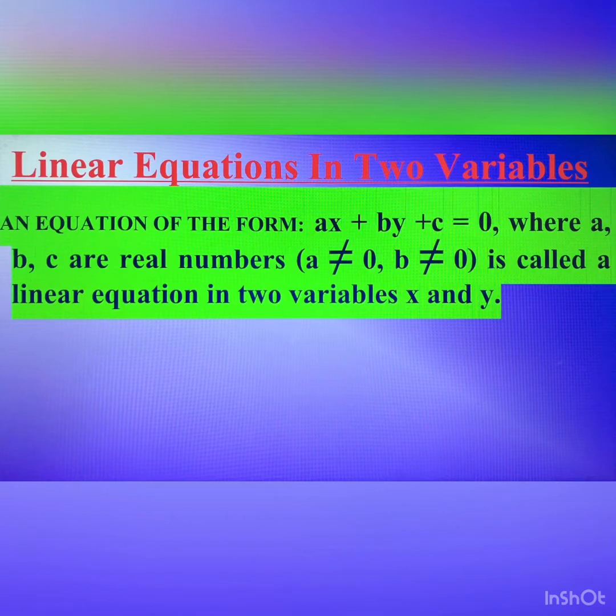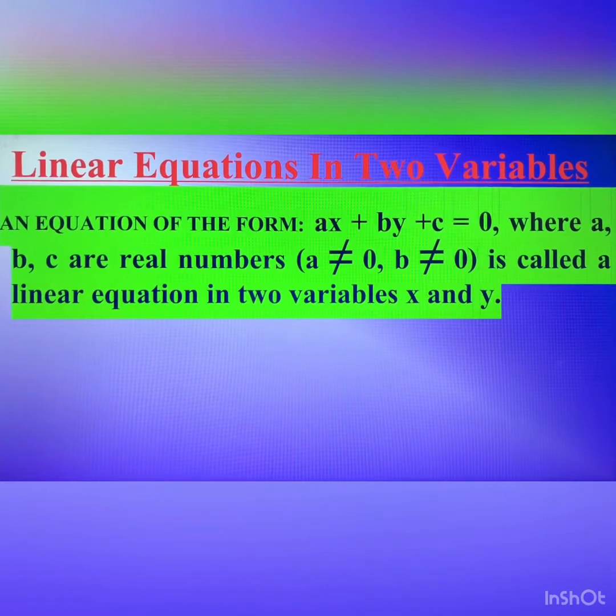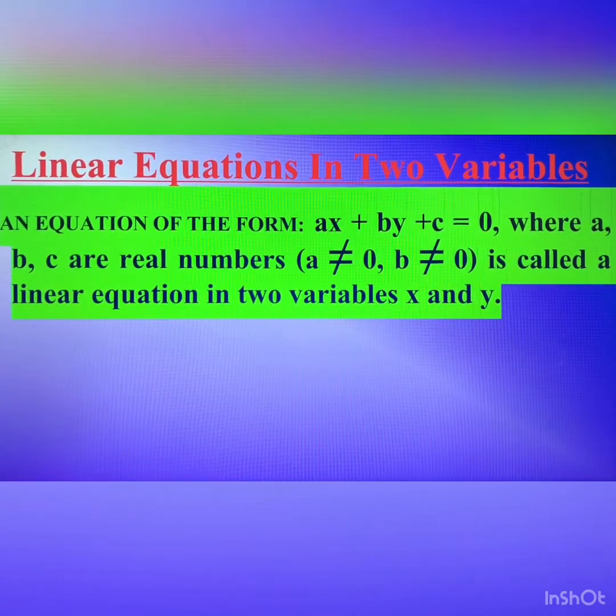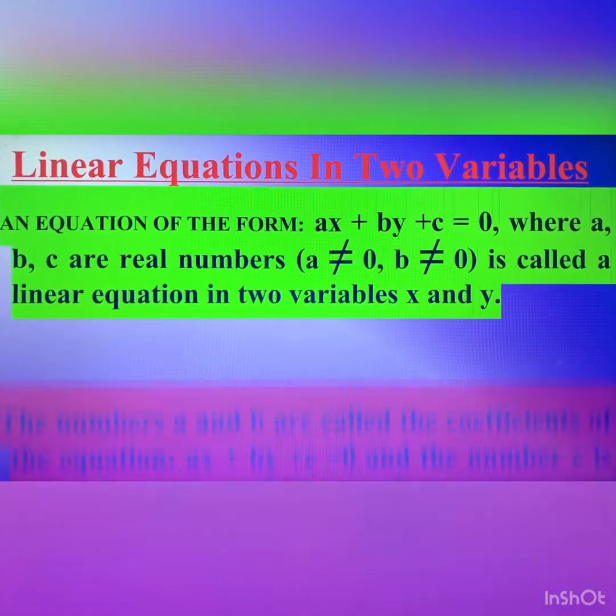variables x and y. It means here are two variables x and y, and this is an equation because it has two sides, left side and right side, with an equality. But the necessary condition is that neither a equals 0 nor b equals 0.